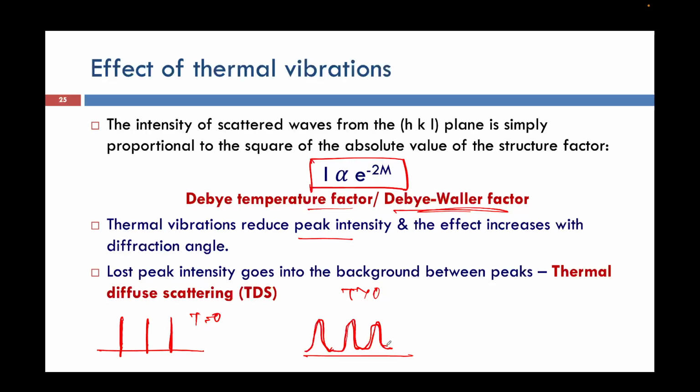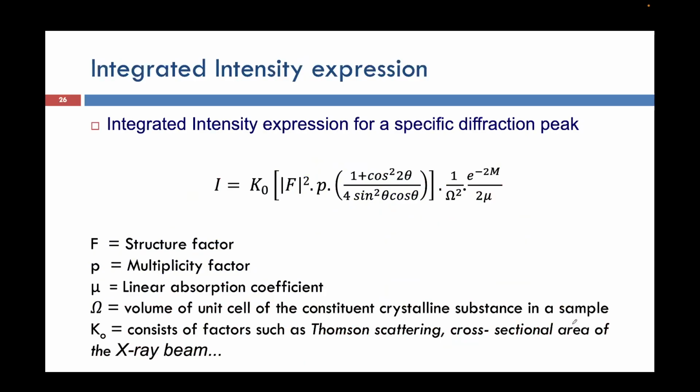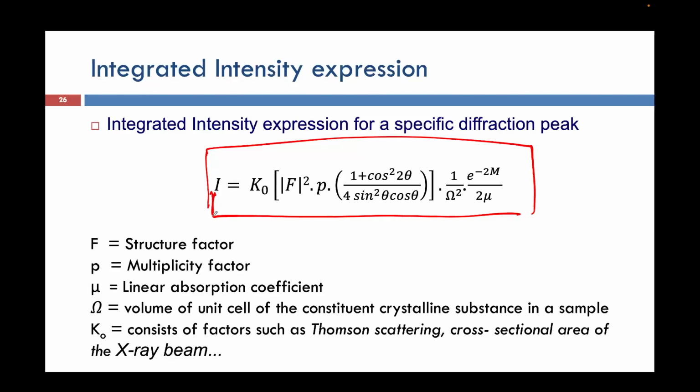And if I add the other factors, like the absorption factor, then I get a peak like this, and diffuse scattering is now also incorporated, as you can see. Finally I get a peak like this. This is my final intensity expression, combining the structure factor, multiplicity factor, linear absorption coefficient, and the volume of the unit cell.